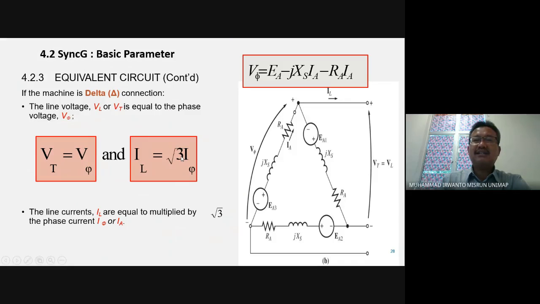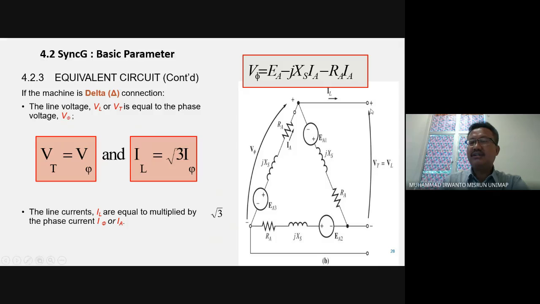And the second is the delta connection. In the delta connection, the current flowing through here is the phase current, and the current through this line is the line current, and line to line we call the line voltage or terminal voltage.